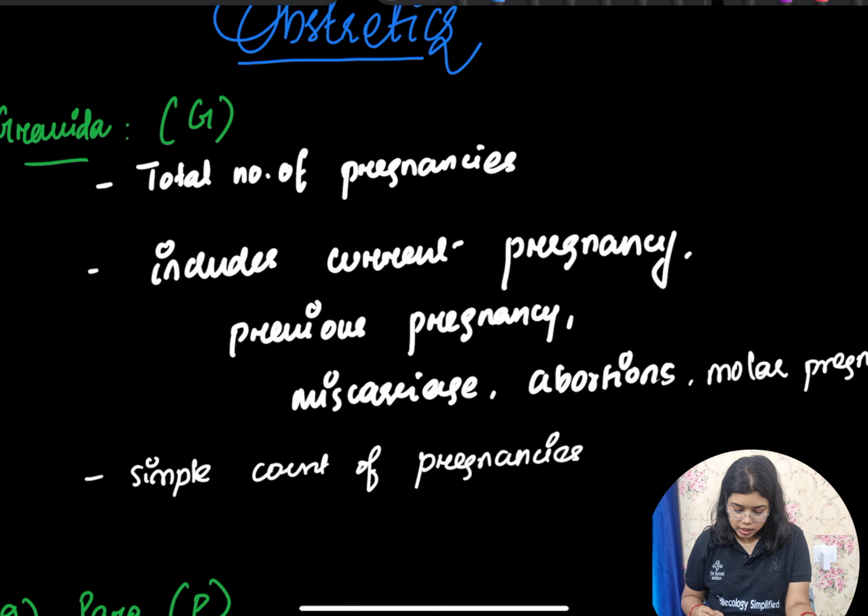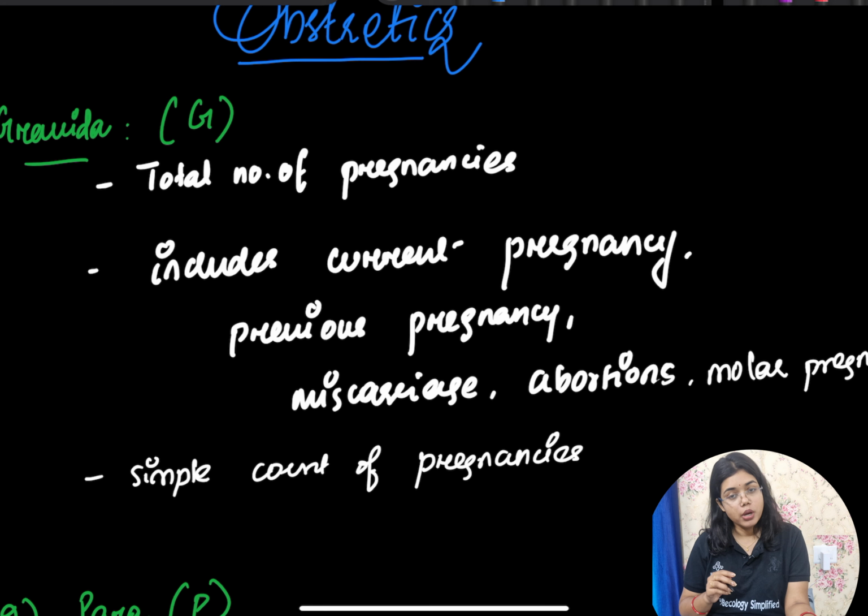And what is induced abortion? Abortion can be spontaneous or induced. Induced abortion means she has taken MTP kit, that is mifepristone and misoprostol, and then she has induced the abortion voluntarily. That is called induced abortion.